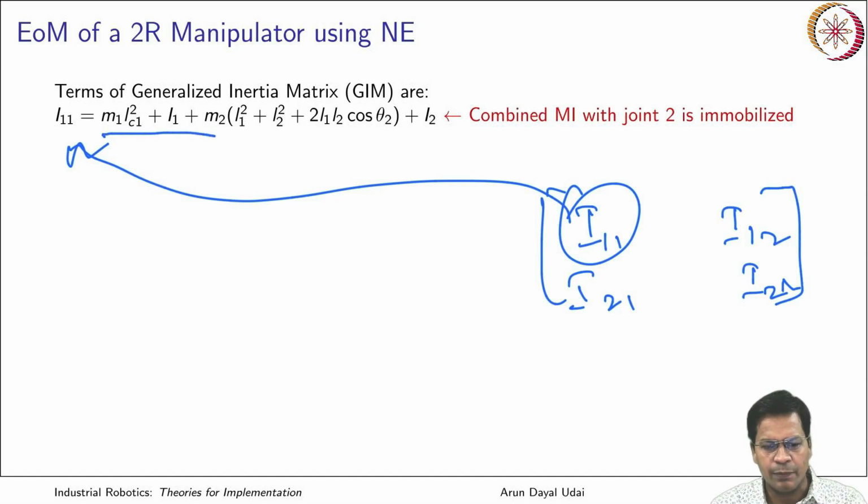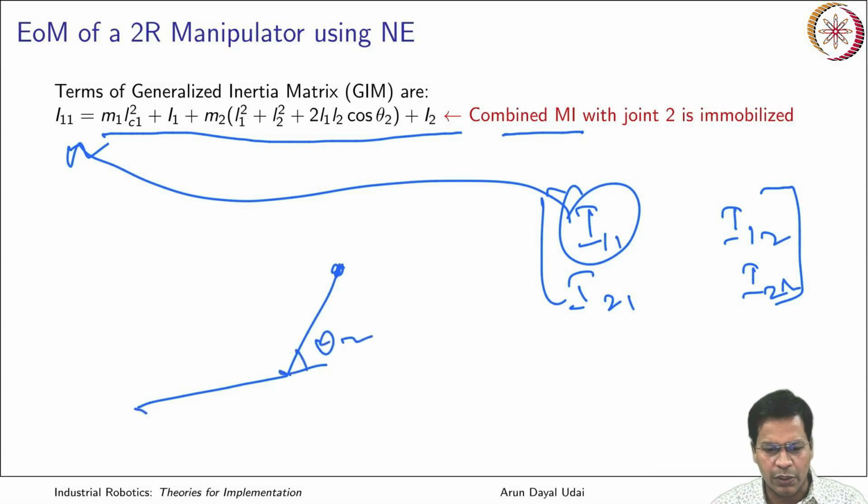This is basically the moment of inertia of both the links combined. If you freeze them, this is your theta 2, this is your theta 1. At any instant, if it is frozen, you have to find the moment of inertia of this combined structure with respect to this.